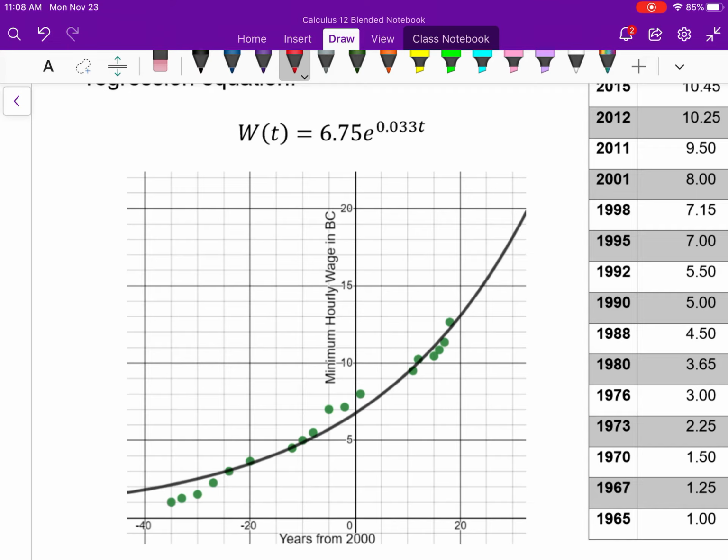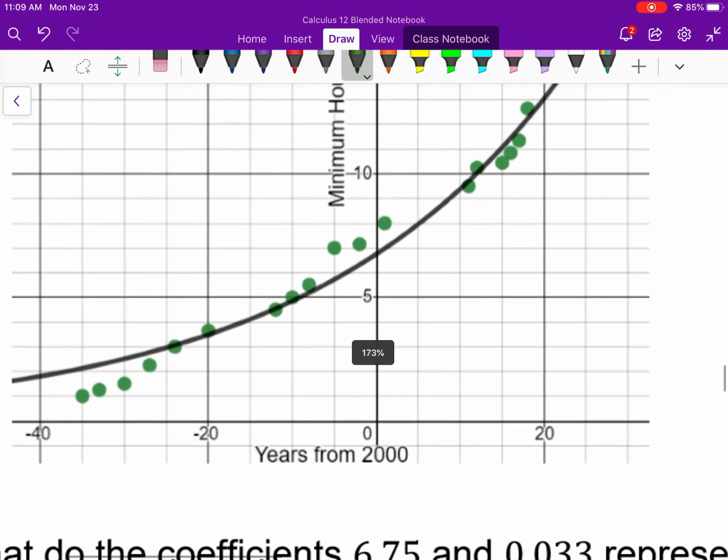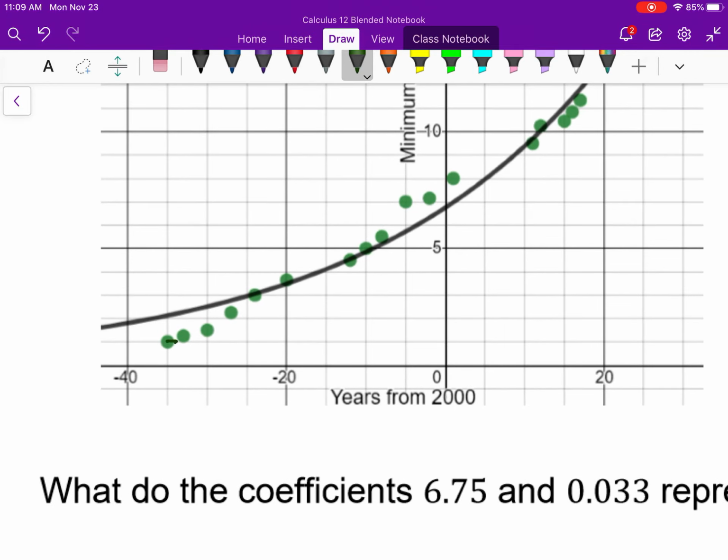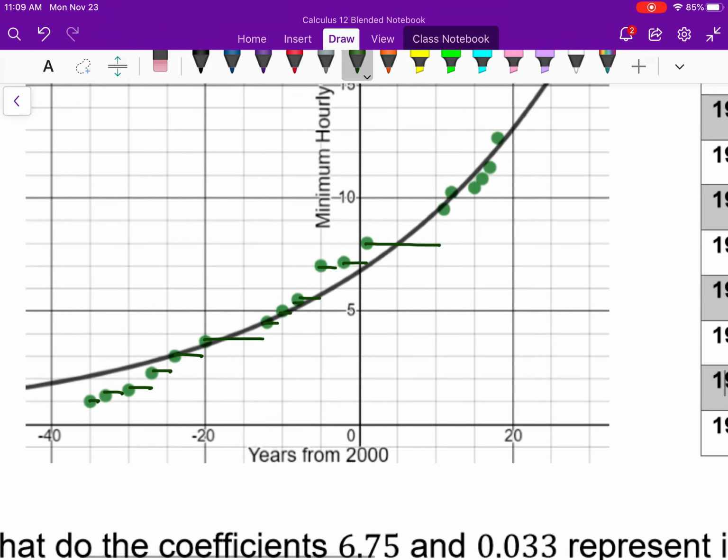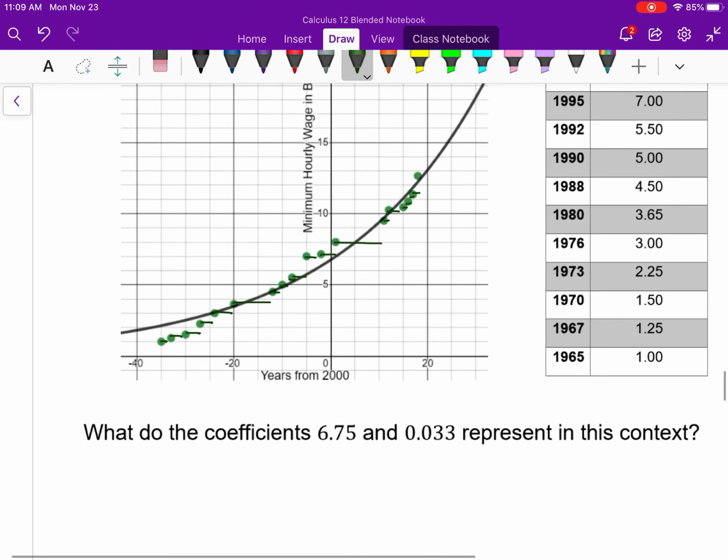These are the years that minimum wage changed. So I will say, while this is a scatter plot, minimum wage was kind of constant in between. So when you see a longer break, you can see minimum wage was constant for a really long time in the early 2000s. And then it's been changing a little bit each year recently.